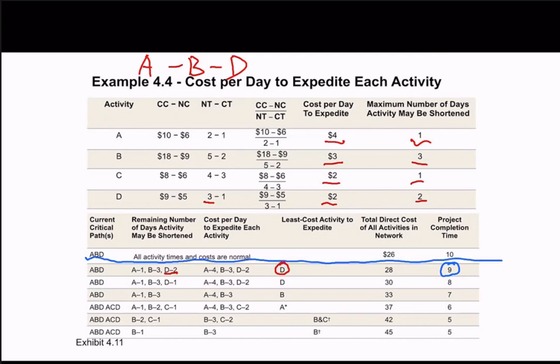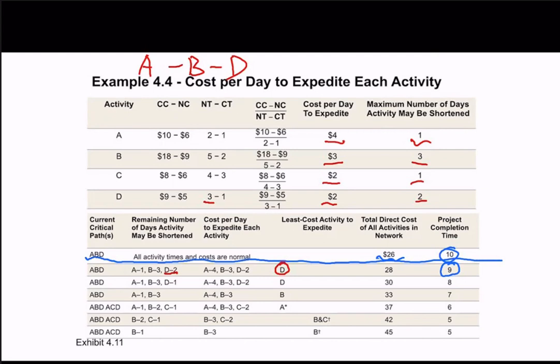We know the normal completion time for the project is 10, but how do we obtain the 26? We need to go back to the information in the textbook. So we know that for this project, the direct cost is 26. This is what we already know.